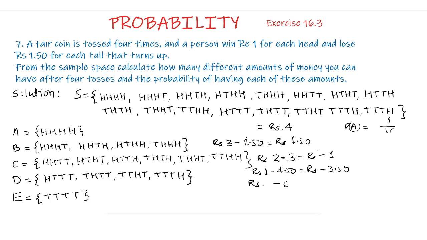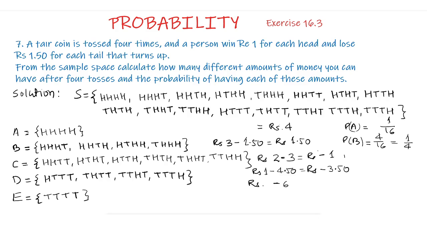So for earning rupees 4, the probability is 1 upon 16. Probability of B, for earning rupees 1.50: there are 4 outcomes favorable for the earning of rupees 1.50. So it is 4 upon 16, which is equal to 1 upon 4.